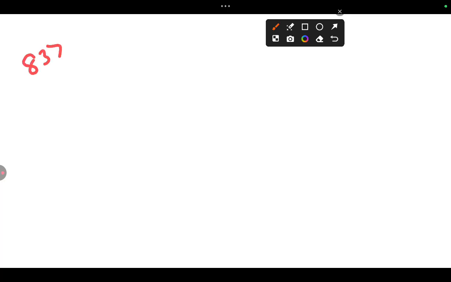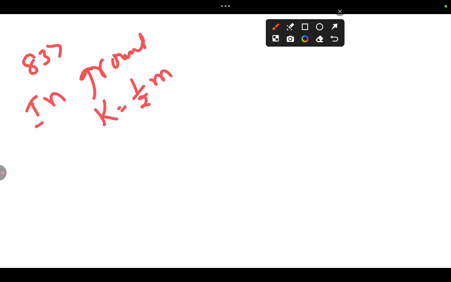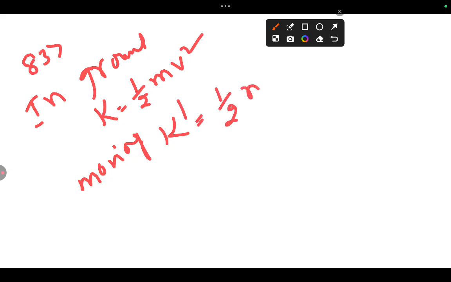I don't want to go with a strict, lengthy procedure. Here are the shortcuts for the IIT question. Let us consider the ground frame. We can consider the kinetic energy with respect to the ground frame as 1 by 2 mv square. In a moving frame, I am giving only the shortcut for how we can do this within a minute: K dash equals 1 by 2 m times the initial velocity and the associated velocity.